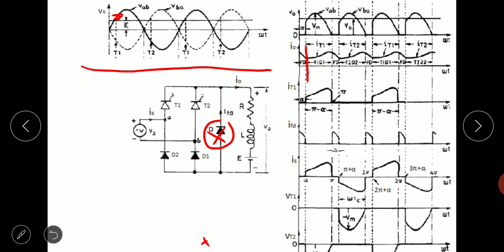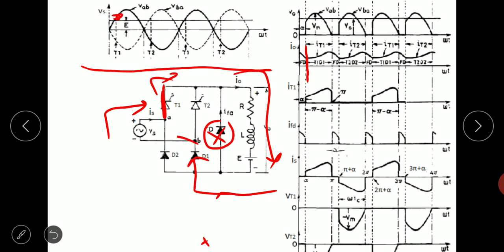So we have triggered our thyristor at omega t equal to alpha. The thyristor that we have triggered here is thyristor T1. So T1 gets short circuited. The load current will flow through the supply, pass through thyristor T1, go towards the load, and flow back through the B terminal, which is connected through diode D1, and the circuit will be completed.